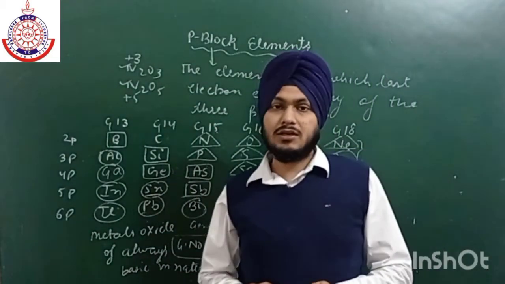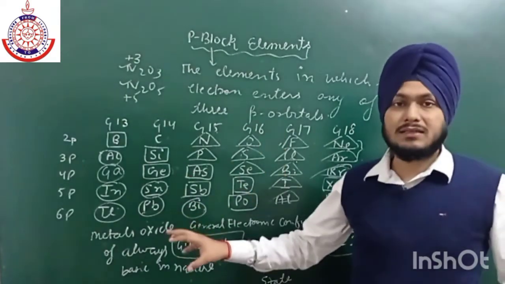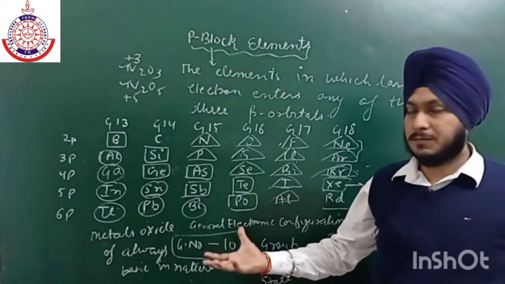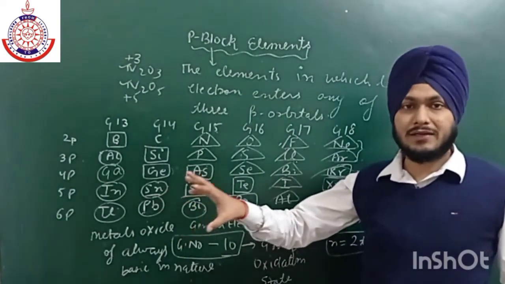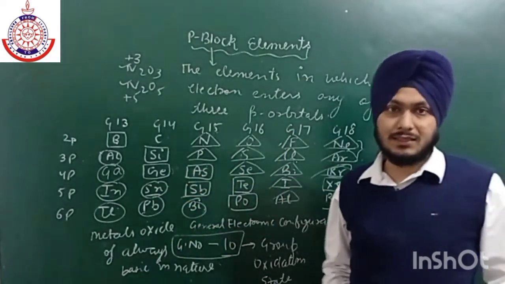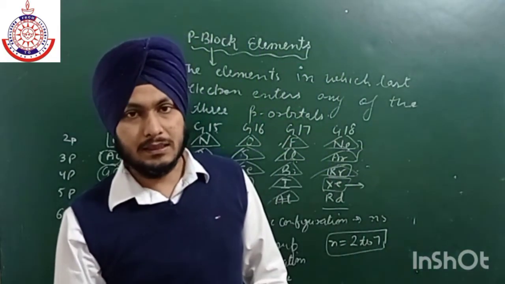You have to keep in mind that all the non-metals have a tendency to show acidic as well as neutral nature, and all the metals have a tendency to show basic nature. This is the main difference between the properties.